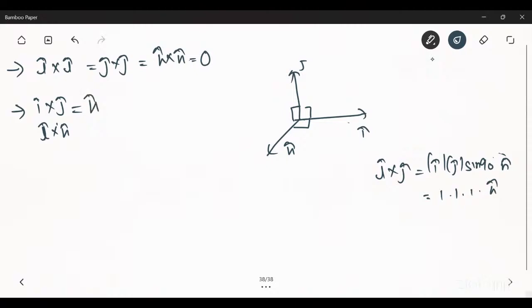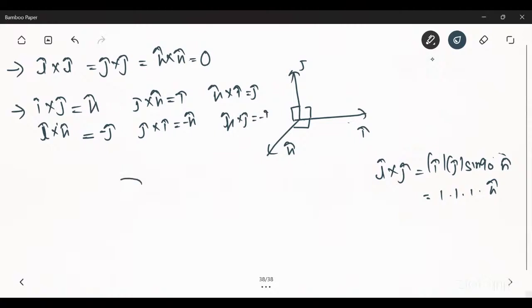I cross K is minus J cap. Similarly, J cross K is I cap, and J cross I is minus K cap. Next, K cross I is J cap, and K cross J is minus I cap.